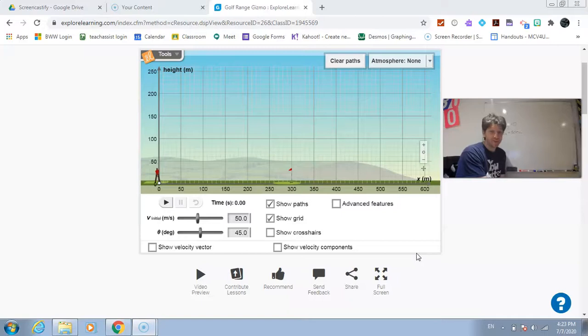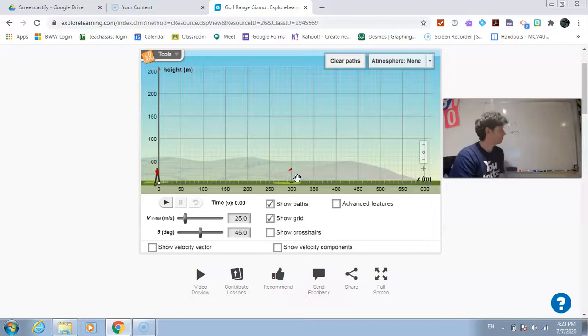Okay, and I'm going to prove that to you right now while solving this problem. But I want you to try the problem too. So here's the problem. What initial velocity do we need to set this to? And I can set it to whatever you like. What initial velocity do we need to set this to for an angle of 45 degrees to get a hole in one?